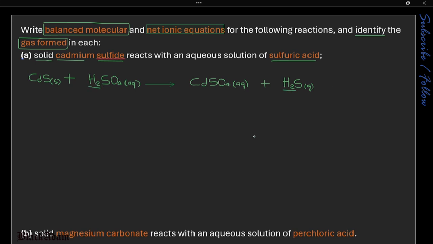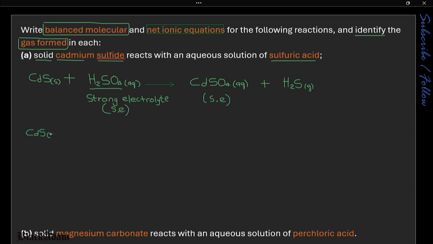Hydrogen balances, oxygen balances as well, and sulfuric acid is a strong electrolyte, which means it dissolves completely in water. That is also a strong electrolyte.